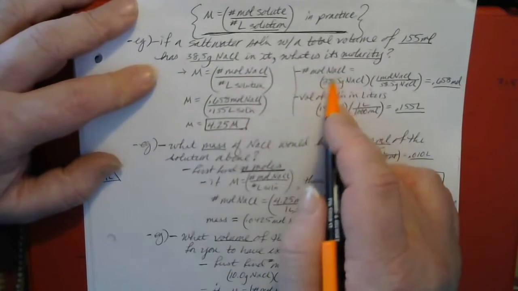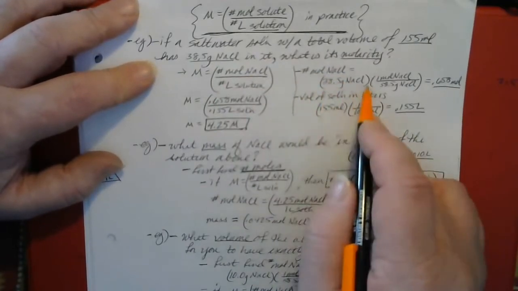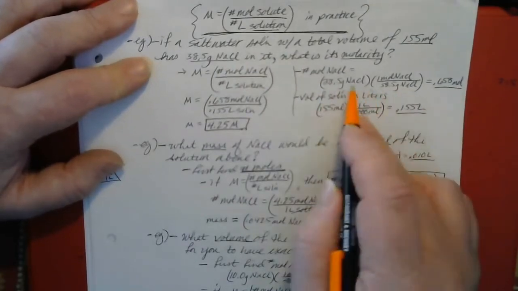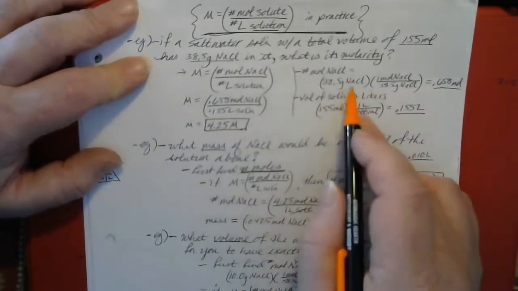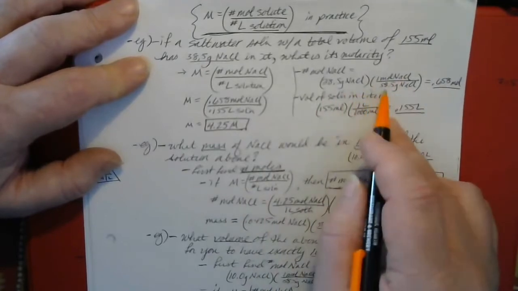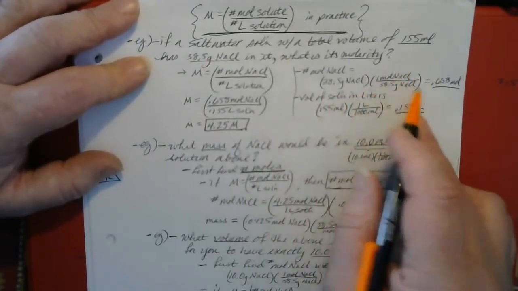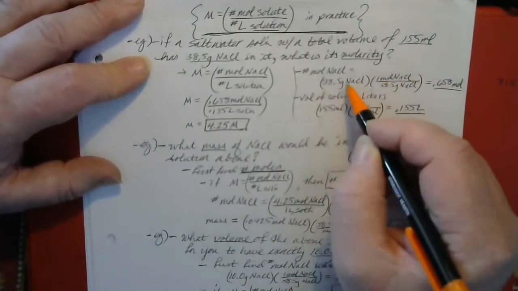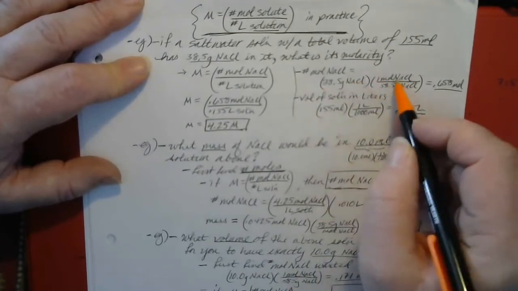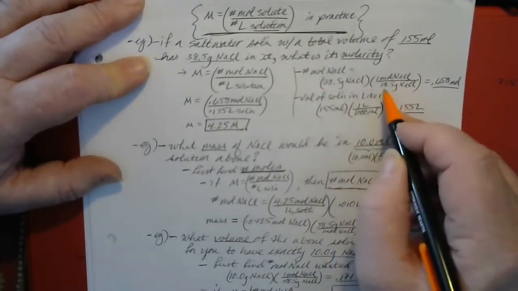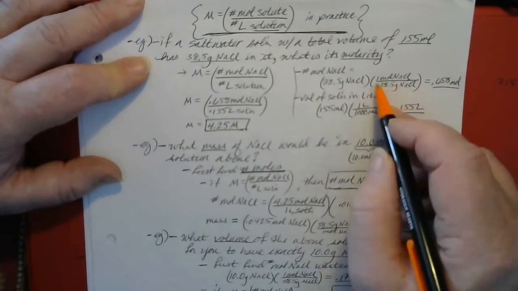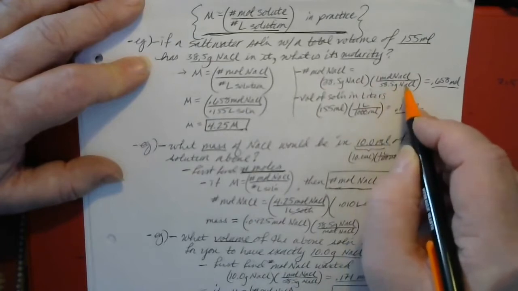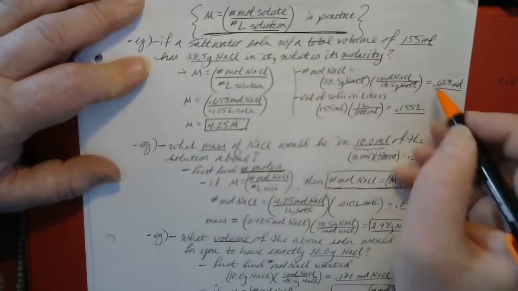The number of moles of sodium chloride is just going to be the mass of sodium chloride divided by the molar mass from the periodic table. Or you can just multiply it by 1 over the molar mass. That's what I've done here because, again, it makes it obvious how the units work out. 38.5 grams of sodium chloride divided by 58.5 grams per mole, or times the fact that there's 1 mole of sodium chloride for every 58.5 grams of sodium chloride.